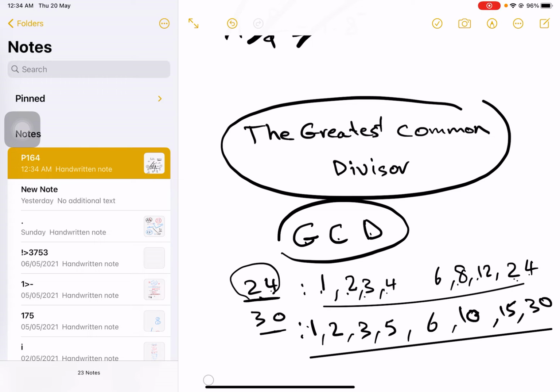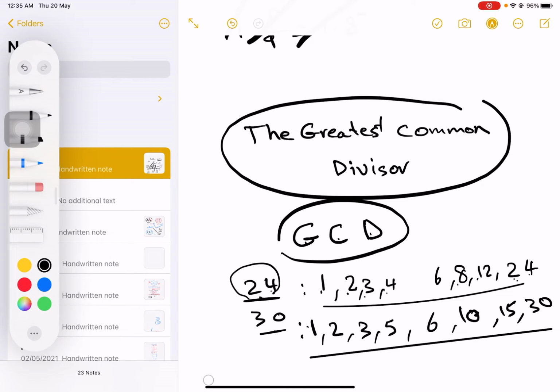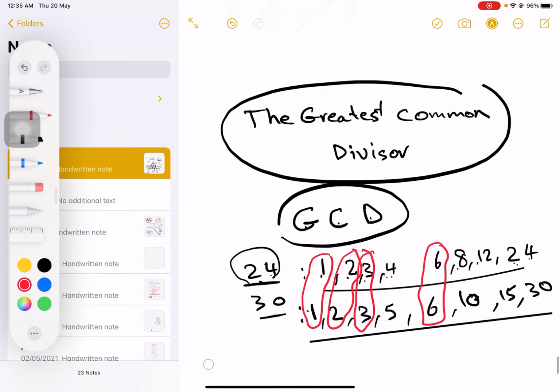Now we need to see what are the common numbers between 24 and 30. 1 is common, 2, 3, and then you skip 4 and 5, and 6.